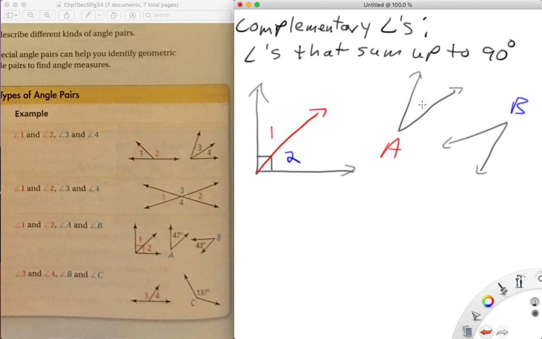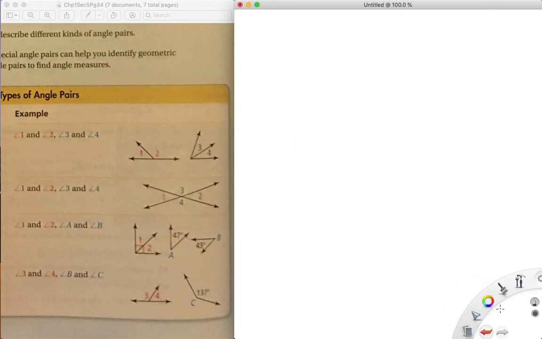They say that angle A is 47 degrees, and angle B is 43 degrees, and 47 plus 43 is 90. So since they sum up to 90, they're also complementary. So complementary angles are angles that, when I add them up, add up to 90 degrees.